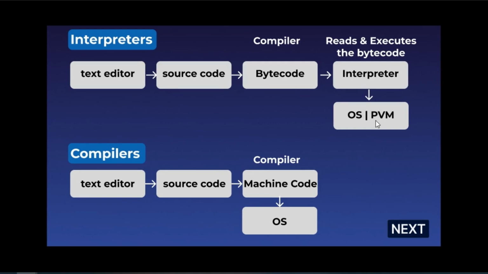Okay, the compiler produces a bytecode, and then the interpreter, which is also another underlying program of Python, reads and executes the bytecode line by line. It reads each line, checks it, and then executes it. And what is this? So the interpreter uses a thing called Python virtual machine.